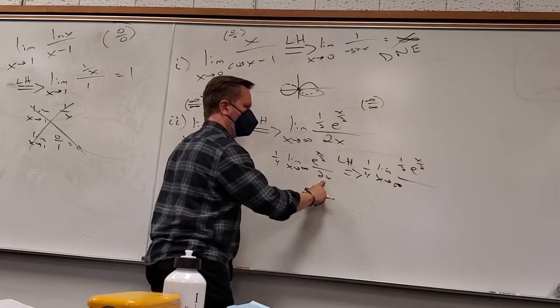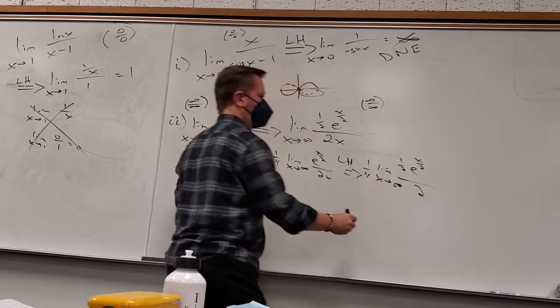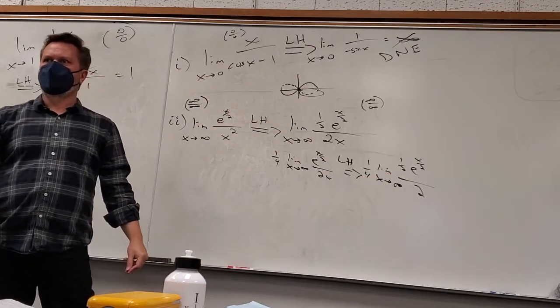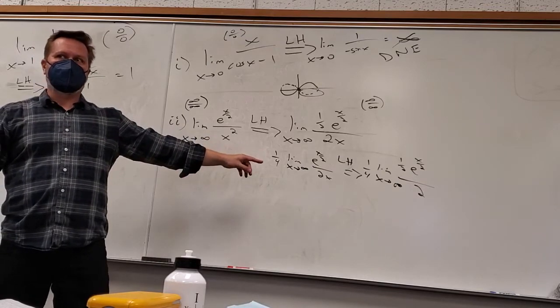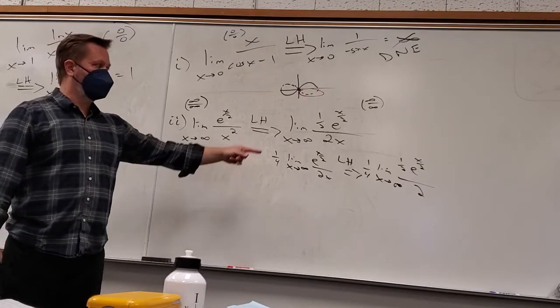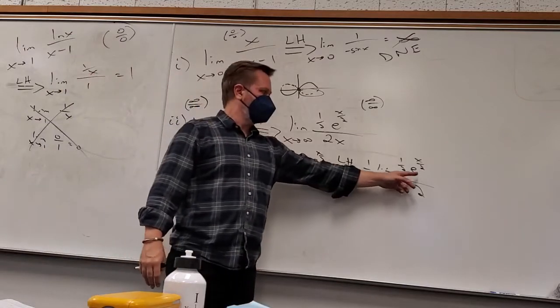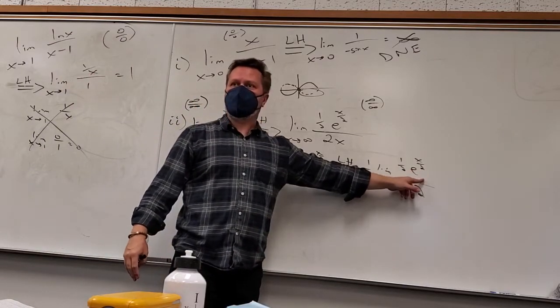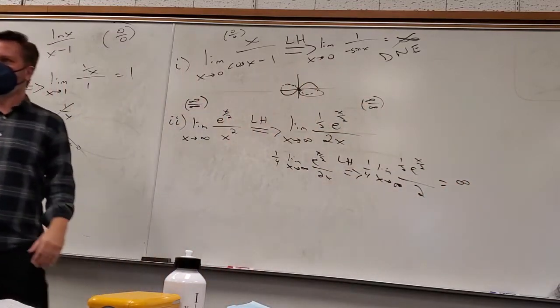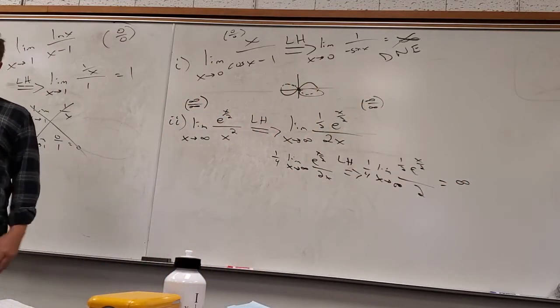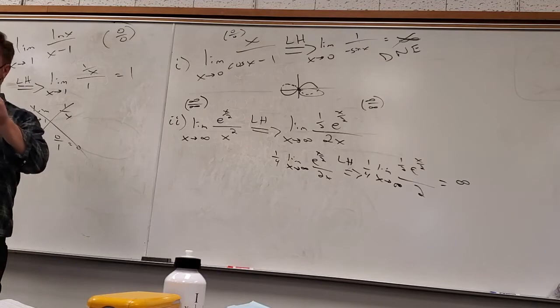What's the derivative of 2x? 2. So now this limit is very easy to see, yes? What's this limit as x goes to infinity? It's infinity. The bottom isn't doing anything to me anymore. It can't keep up, it just stays at 2. So this is positive infinity. E to the infinity is definitely just infinity.